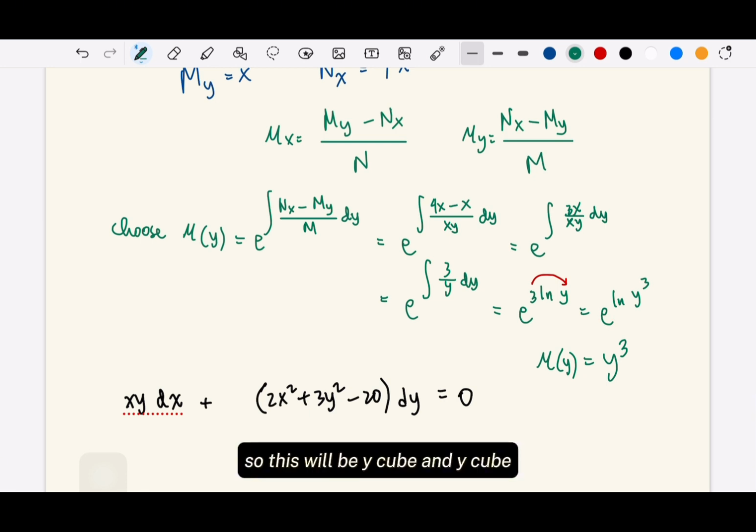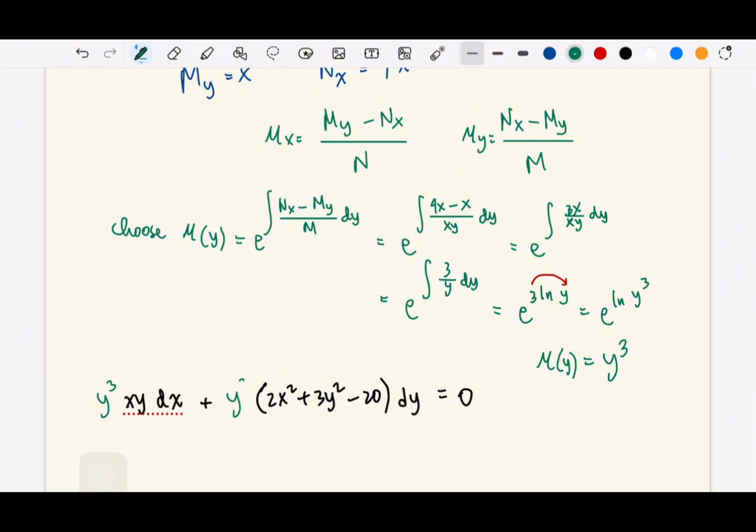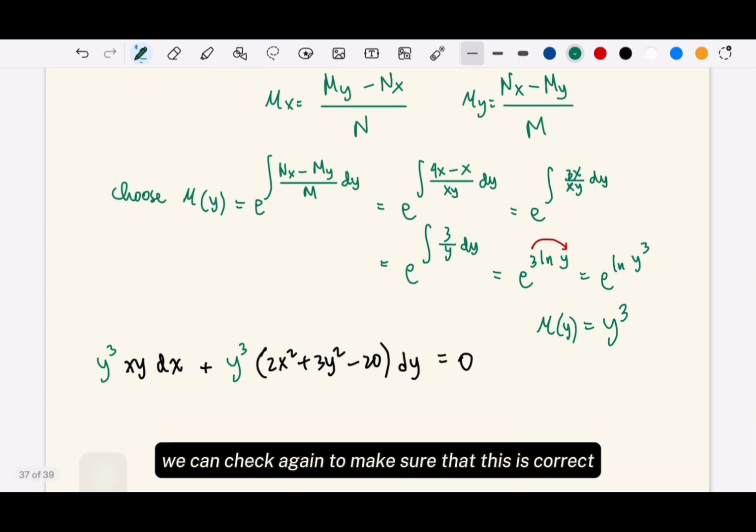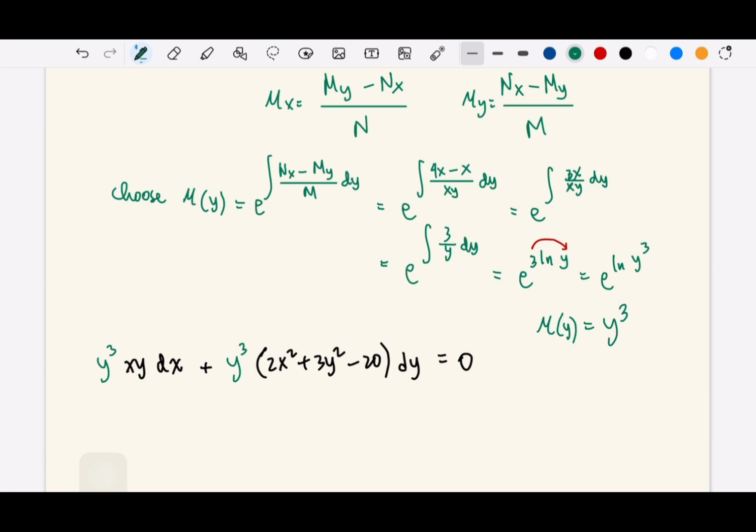So this will be y cubed and y cubed. Now we can multiply and then check again to make sure that this is correct.